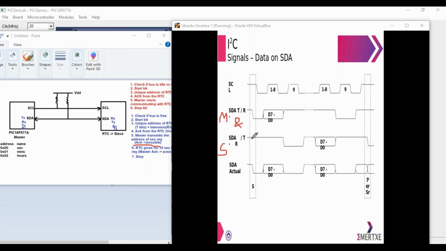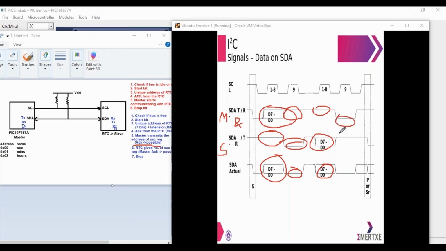You can see, so here whatever you AND with 1 remains the same. Anything you AND with 0 becomes a 0. Whatever you AND with 1 remains the same. Anything you AND with 0 remains 0.